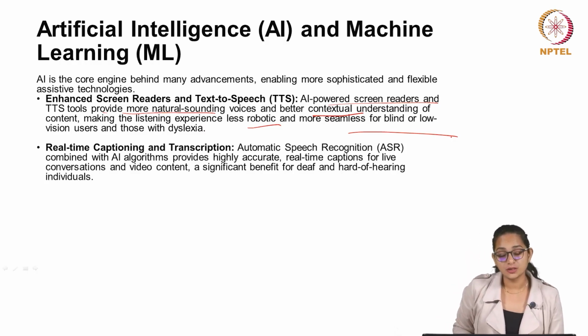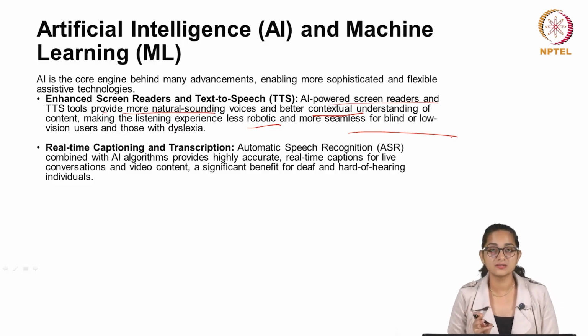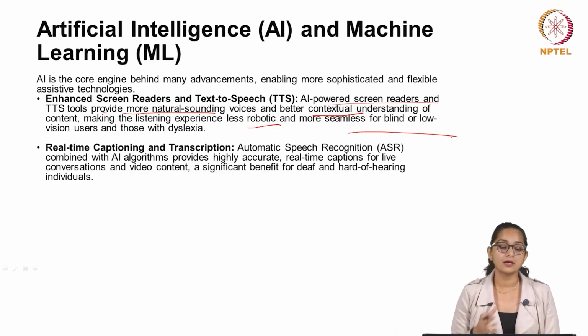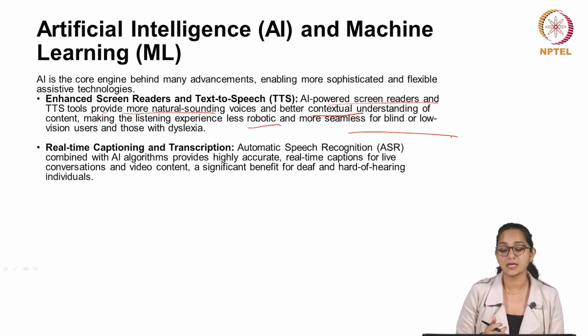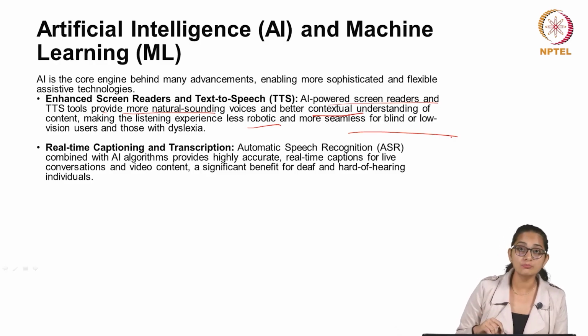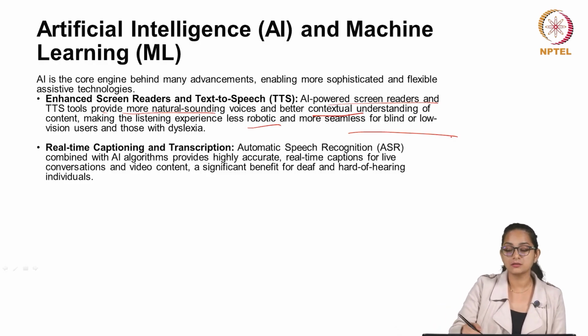Real time captioning and transcription. Automated speech recognition combined with AI algorithms are able to provide real time captioning for live conversations, and they are also able to do real time translation. Right?